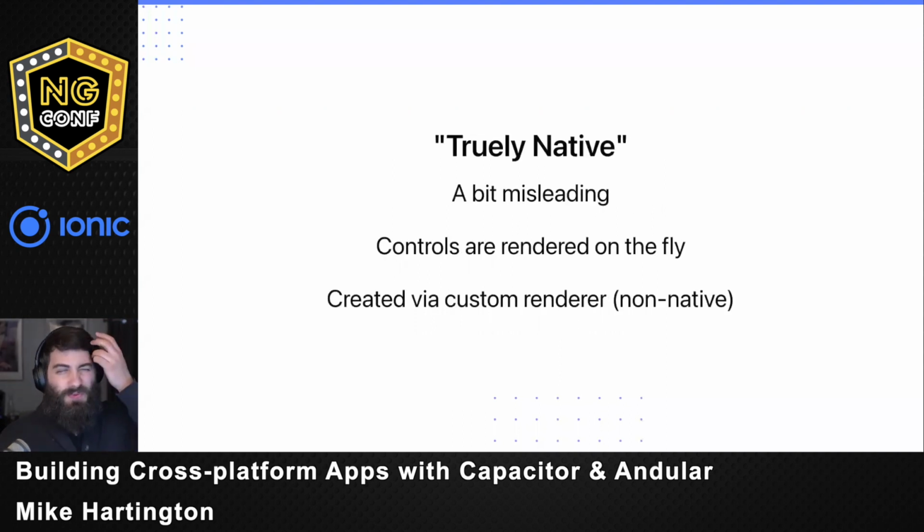And this truly native kind of pitch is a bit misleading because I think people try to read this as, oh, my code gets compiled away and I get this very highly optimized native binary, right? And that's not necessarily the case.